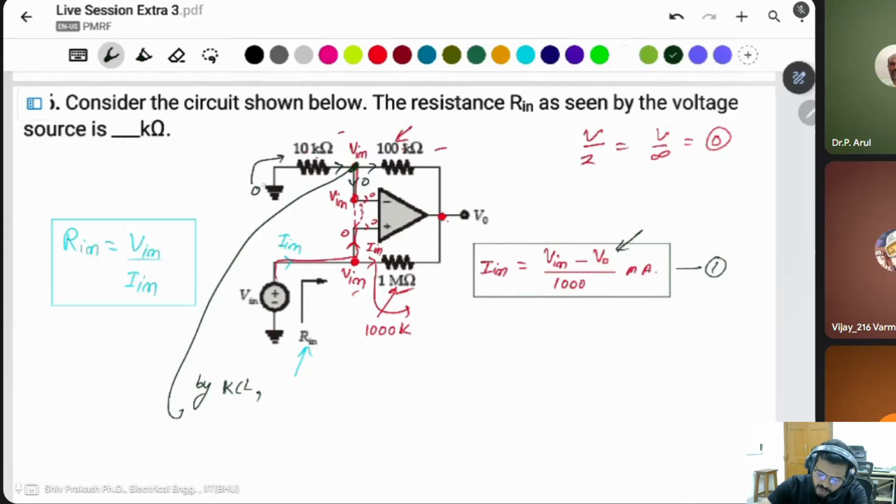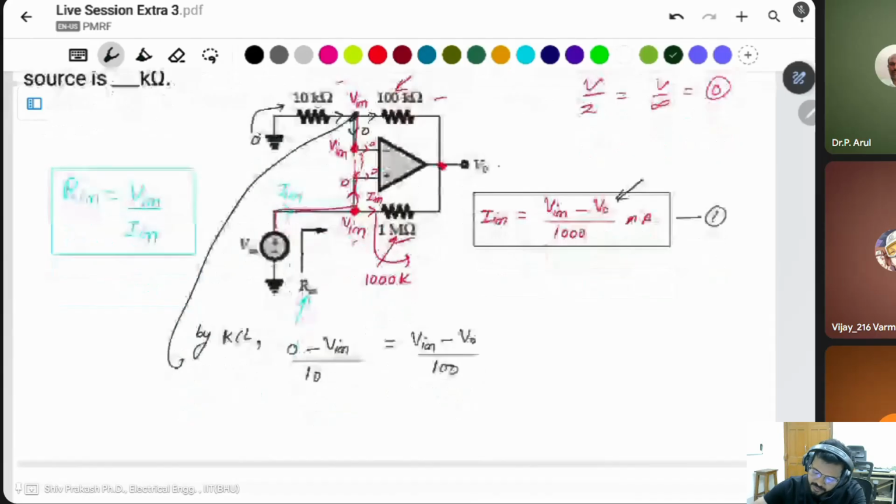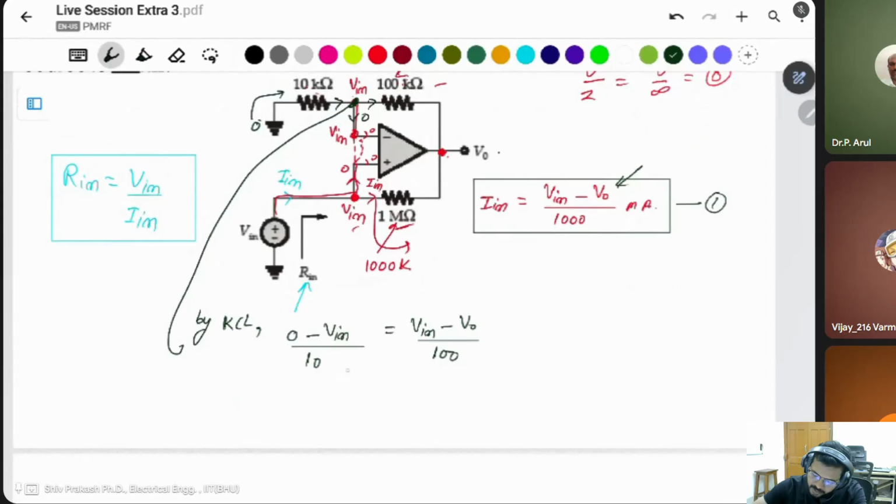The current passing between 0 minus V in, 0 minus V in divided by 10K, is equal to V in minus V output, V output divided by this one, 100K. The 1 0 is cancelled out, only minus 10 V in is equal to V in minus V naught.